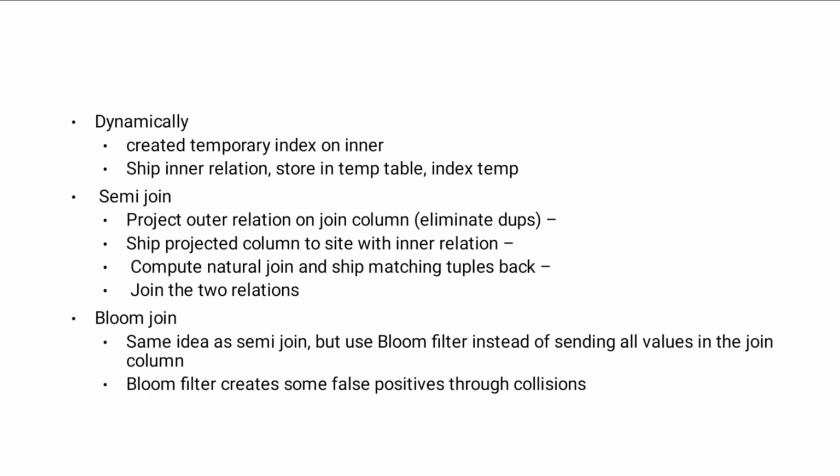Then those relations can be joined. At last, bloom join. This idea is the same as semi-join, but instead of sending all values in the join column, it filters out some false positives through hashing techniques, and selected values are chosen for the inner join.